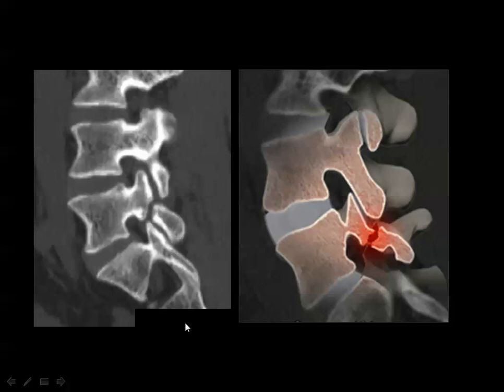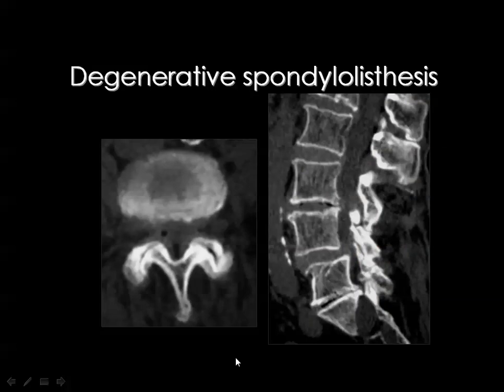Then in the reconstructed CT images, in the sagittal view, you go to the sections of the midline, looking for the region of the pars interarticularis, and here you can see the pars is broken, but here is intact, and also here the pars is broken, and here the pars is intact.